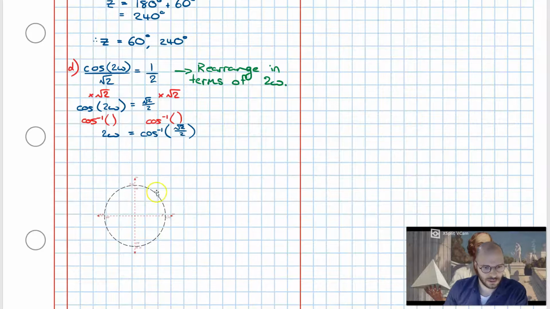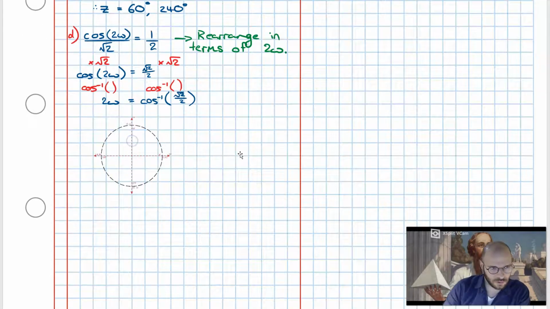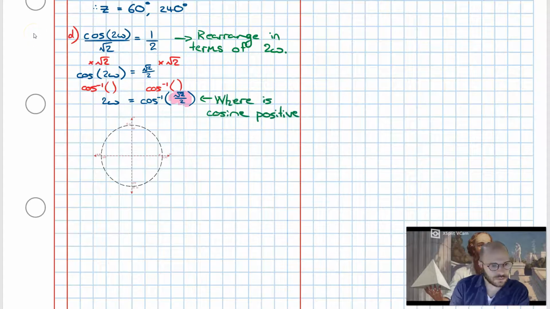And now we're ready to go for the unit circle. So now we're going to ask ourselves, where is cosine positive? Because remember, inside the inverse cosine here, we've got a positive value. So I'm going to write all stations to central. And cosine is positive in the first quadrant, and it's positive in the fourth quadrant.